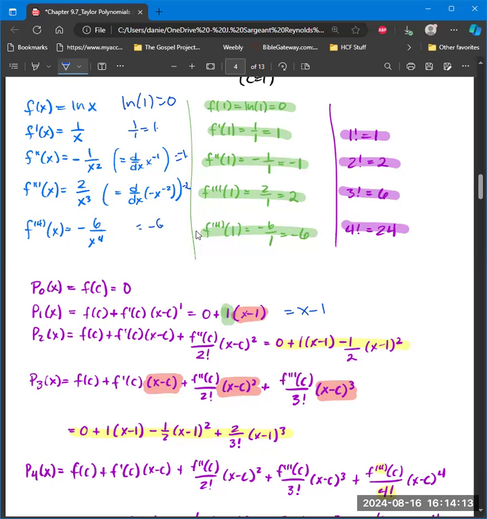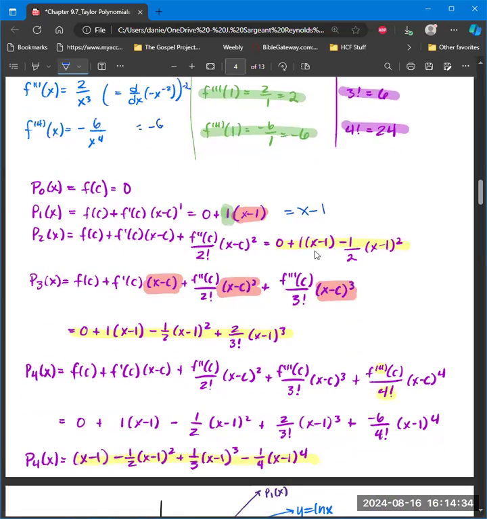And we're going to get 0 plus 1 times x minus 1 minus 1/2 of x minus 1 squared plus 2 over 3 factorial, which is going to be 1/3 of x minus 1 cubed, and so on until we get out here.